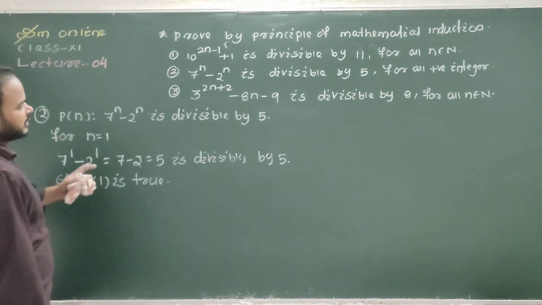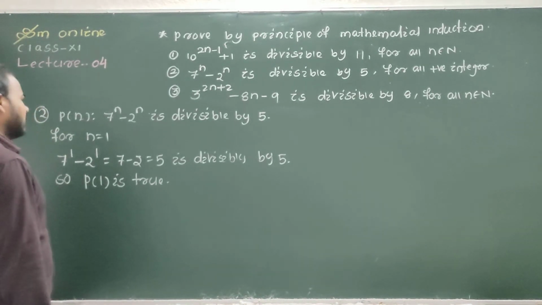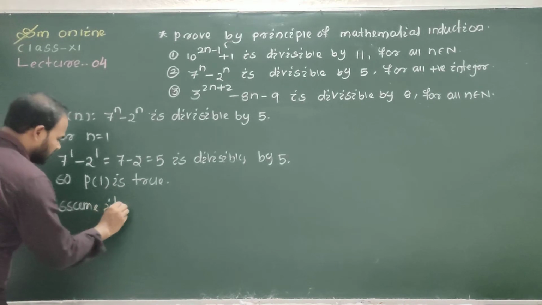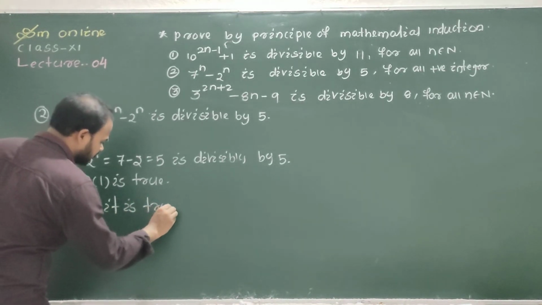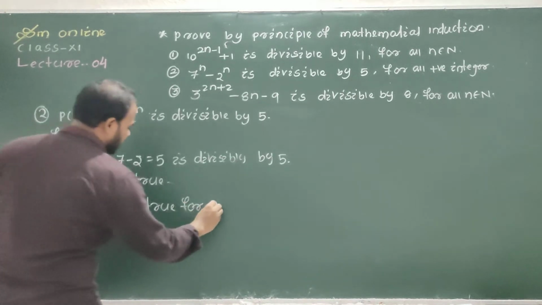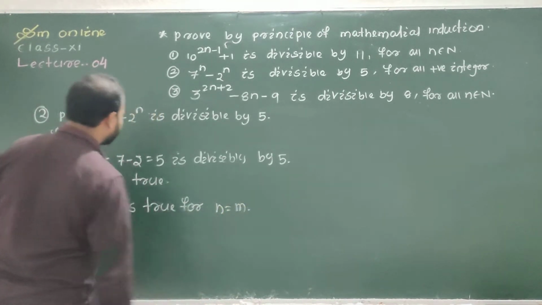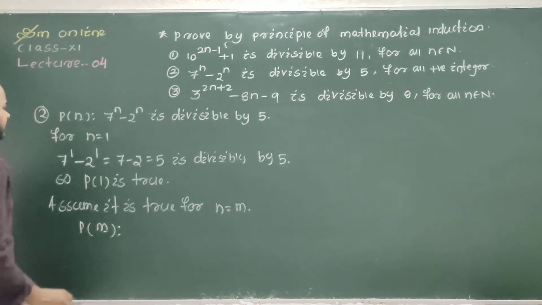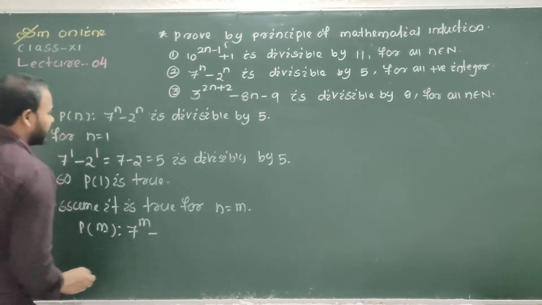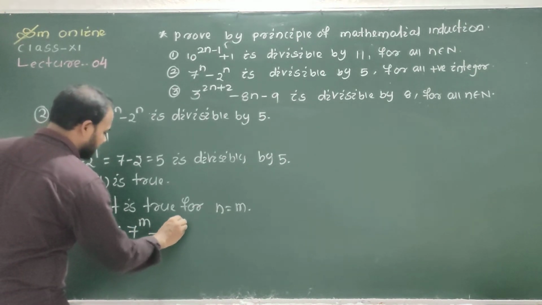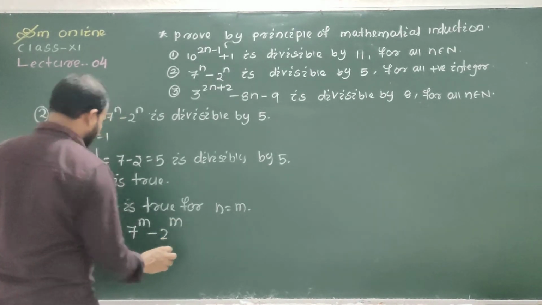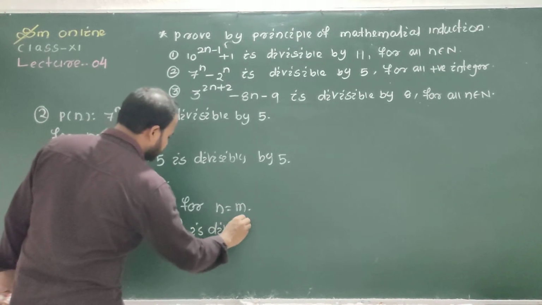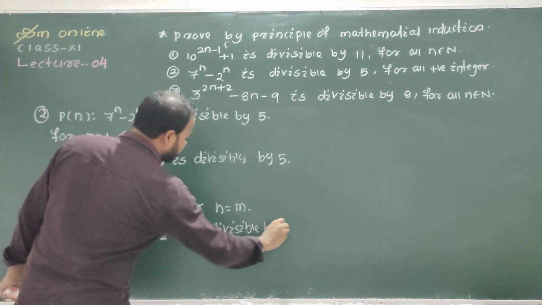Now we have to assume that the statement is true for n equal to m. Now P of m such that 7 to the power m minus 2 to the power m is divisible by 5.